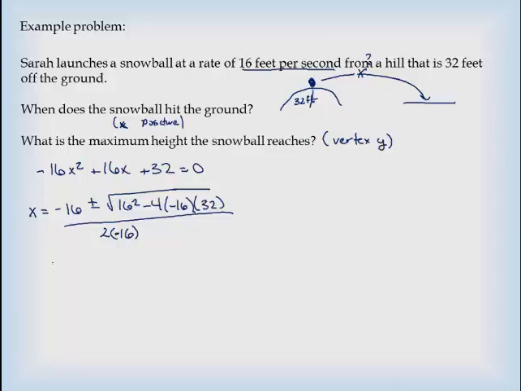It's negative, so I have negative 16 plus or minus the square root of 16 squared, which is 256, plus 4 times 16 times 32, which is 2048, all over negative 32.